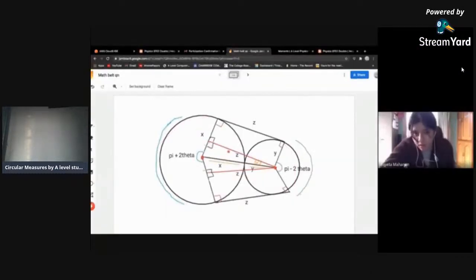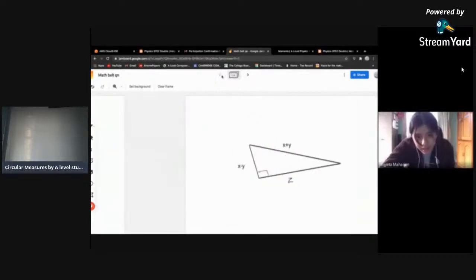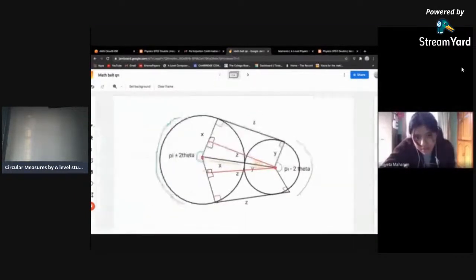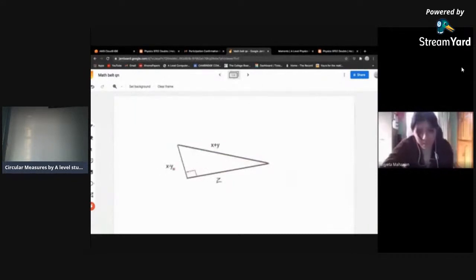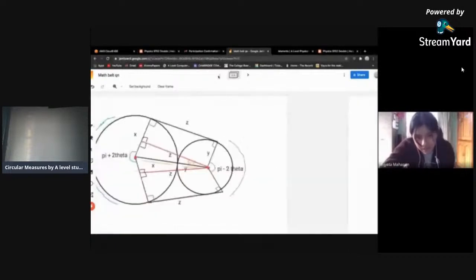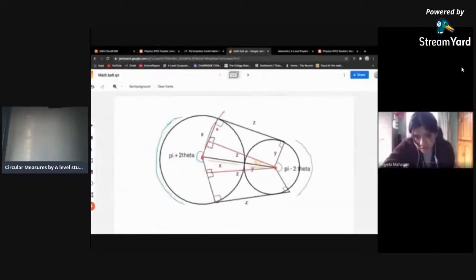Okay, so now for z, let's look at this triangle here. Now if we look at that triangle, how do we get x minus y and x plus y to be the sides of the triangle? We can see if this is x, then this is also x. If this is y, then this is also y. So this whole line here will be x plus y.